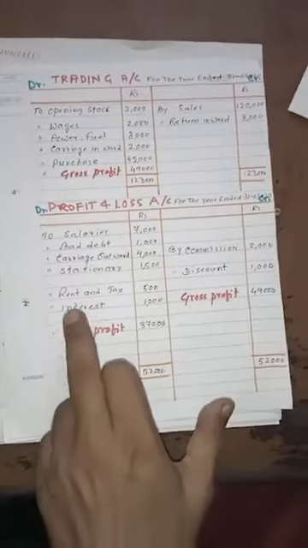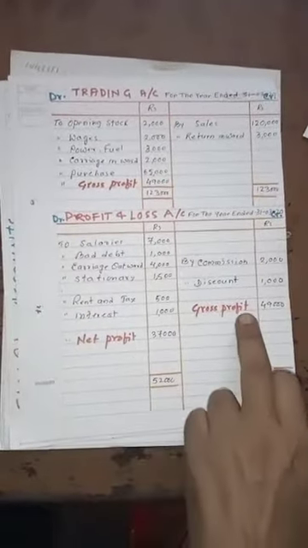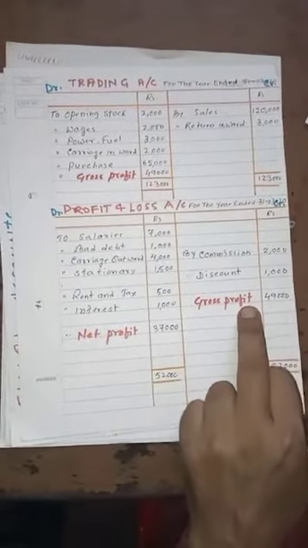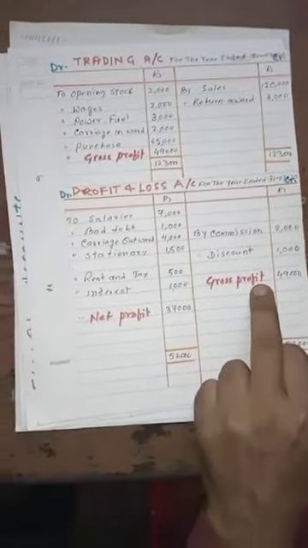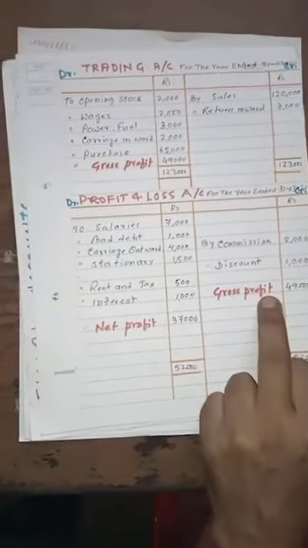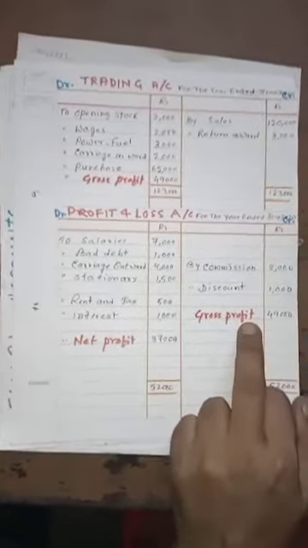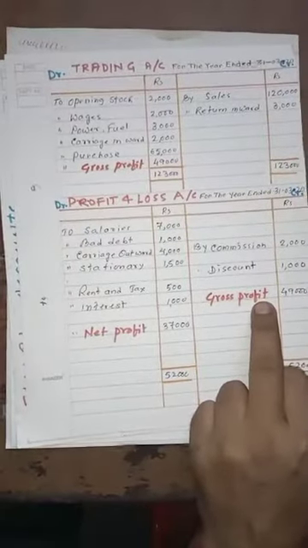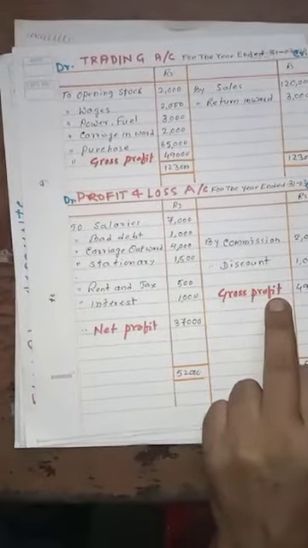Debit balance from the trial balance is recorded in the debit side, credit balance in the credit side. Rules of recording nominal accounts in trading and profit and loss account we have discussed earlier, and I have also given you a copy of the rules.